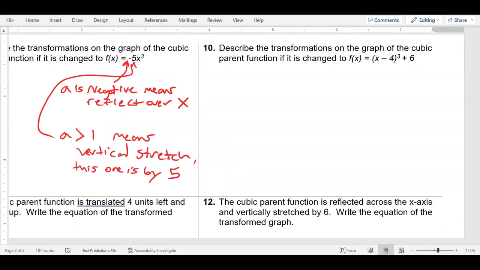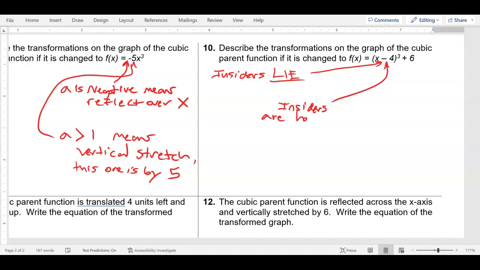Let's try this one, okay? Don't forget, insiders lie. Okay, so insiders are horizontal shift, outsiders are vertical shift.